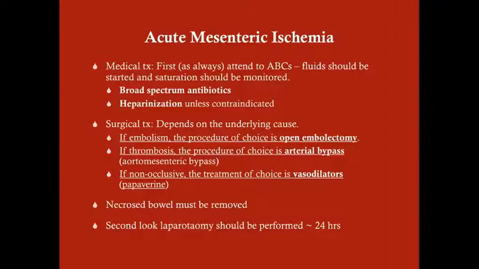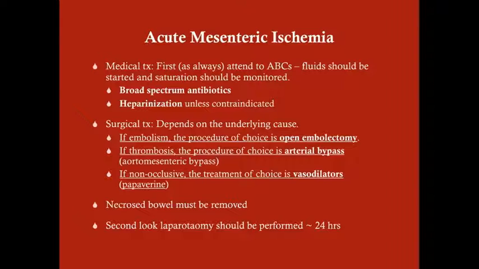Carbapenems are even better. Those are like meropenem, imipenem. And then also some of the combined beta-lactamase inhibitors. So piperacillin-tazobactam, and then ticarcillin-clavulanate are some drugs you can give as well for the broad-spectrum coverage.